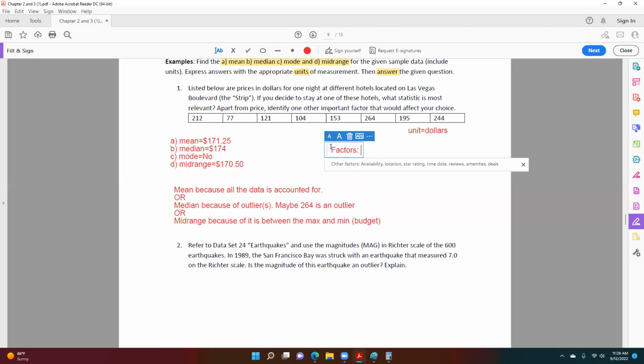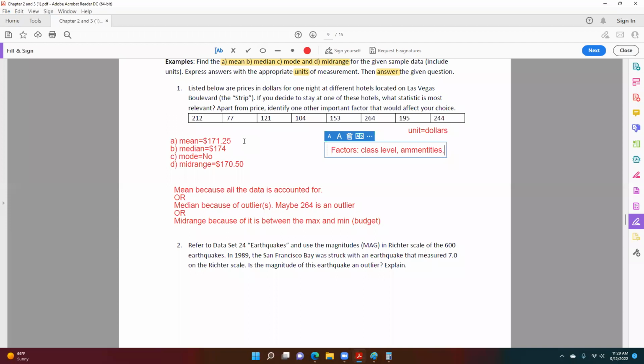Some other factors are, like, the class level. What I mean by class level here is, is it a 4-star hotel? Is it a 3-star? We definitely know that the 264 is going to be a 5-star hotel, and definitely 77 will be a bit lower star. So if you want to stay at a very nice hotel, then you are going to pay a little bit more. Amenities is one of them.